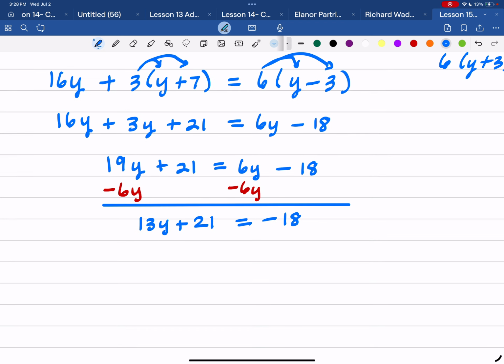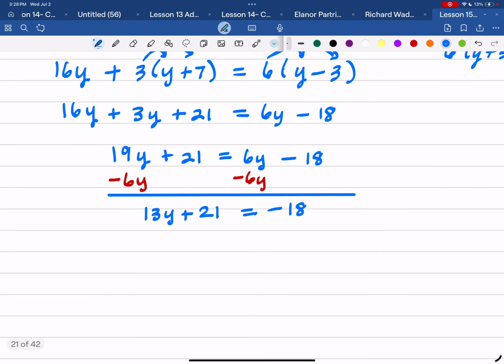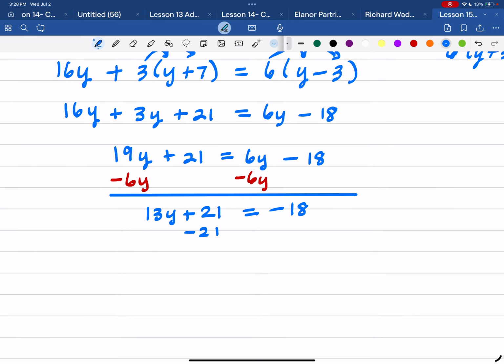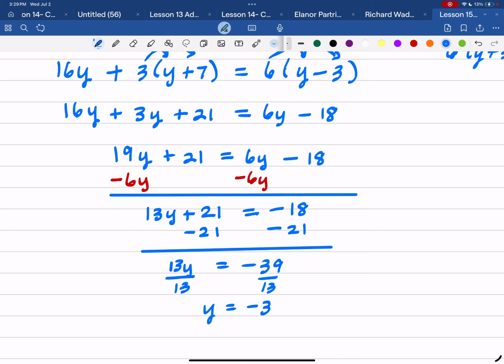Now I've got a plus 21, so I'm going to subtract the 21 from both sides. And that gives me 13y is negative 39. Now I divide by 13, and I get y is negative 3.